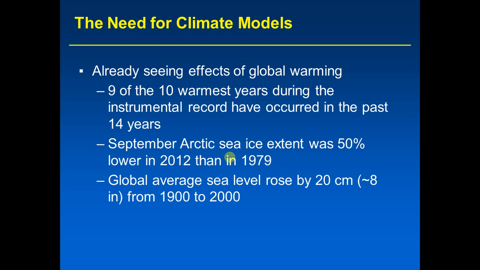So some spots of the ocean could rise perhaps a foot or two during the 20th century. And the sea level will keep rising. And so with global climate models, we will be able to determine how those changes will continue. How much will sea level go up in the 21st century?